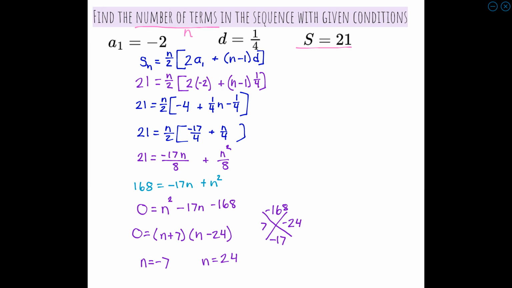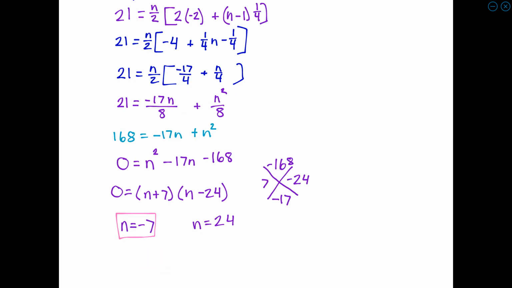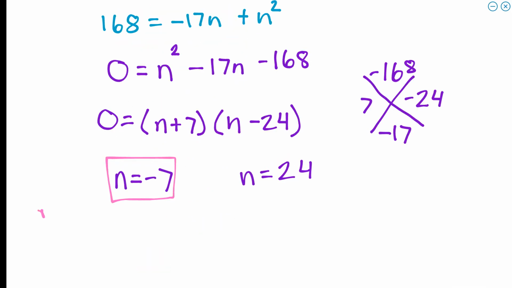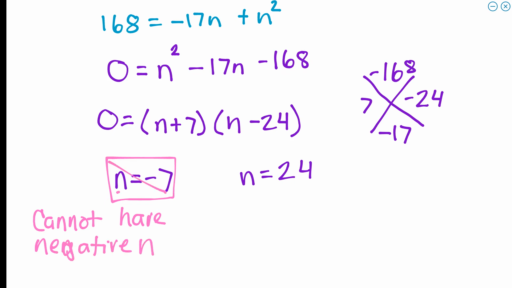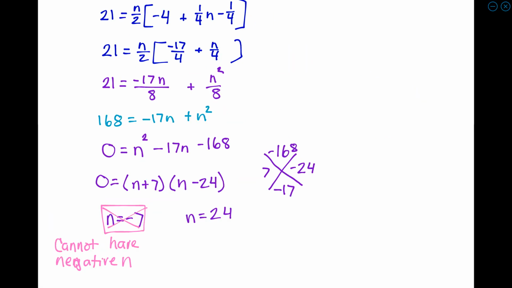I can't take a negative number of terms. I can't add things up. So this is not relevant. So we cannot have a negative n. So that's not a valid solution.